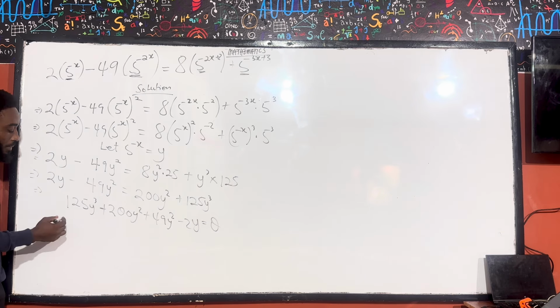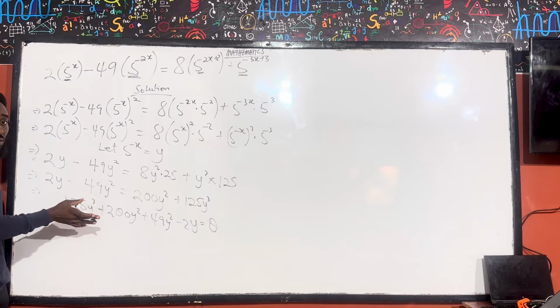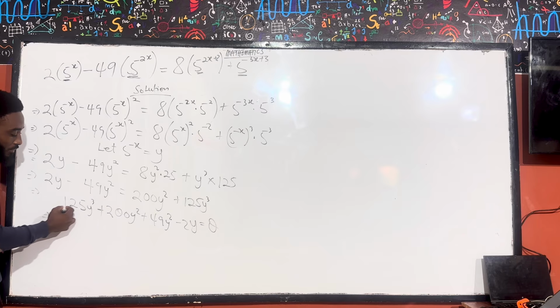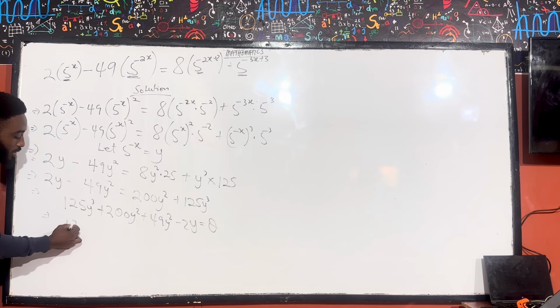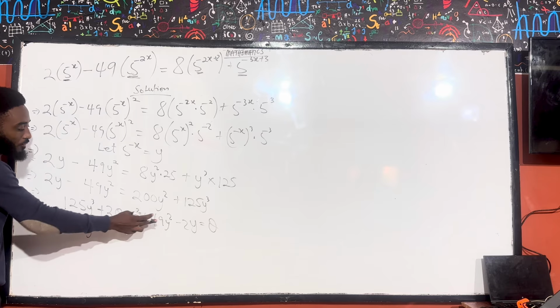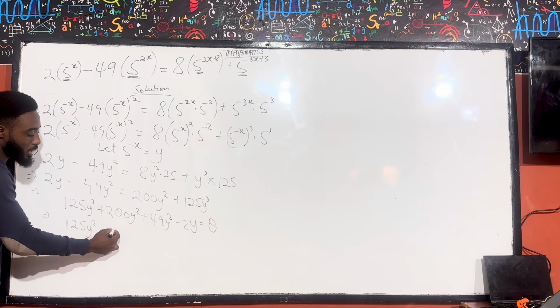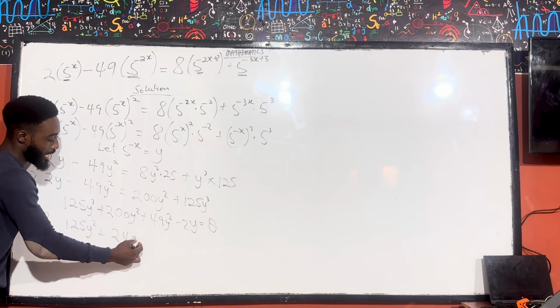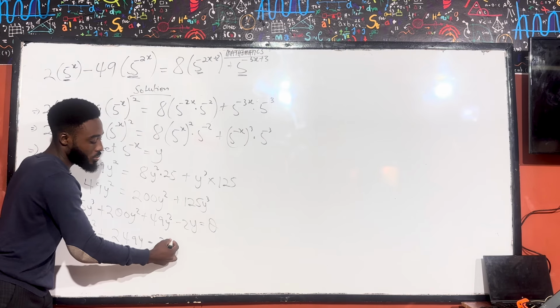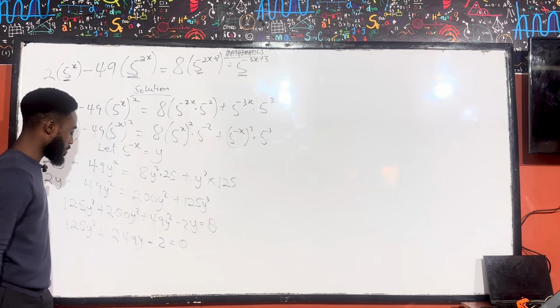So just when I get here, I can decide to divide through by y, to simplify my work into a quadratic instead of a cubic. If I divide this by y, I'm going to get 125y squared. I divide this by y. This is 249, adding this together becomes 249y. Then this is minus 2 equals 0. Divide this one also, equals 0.